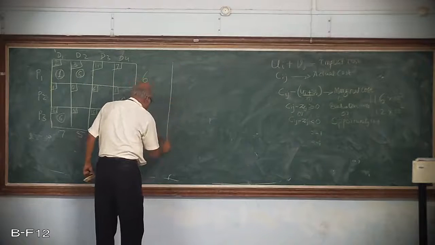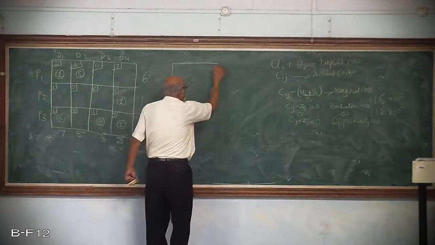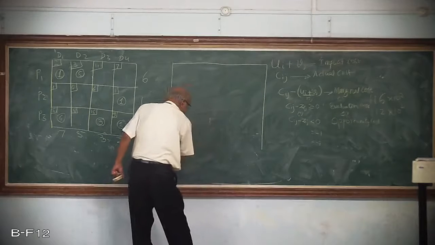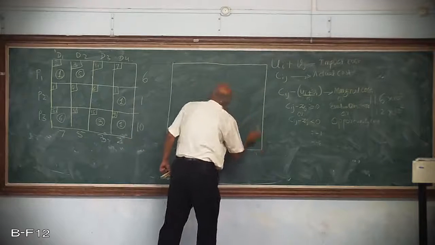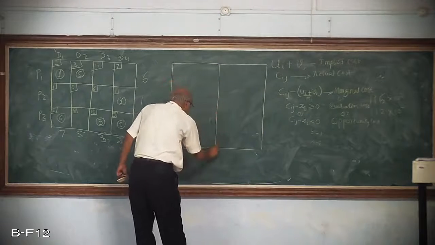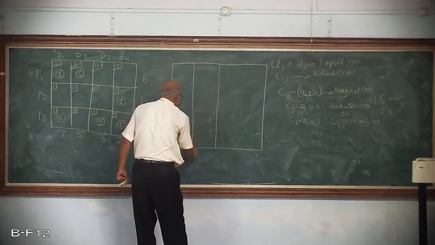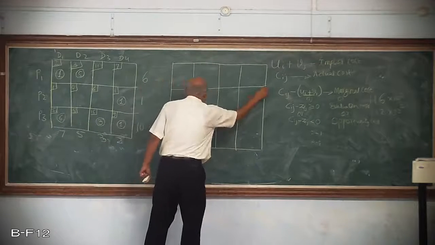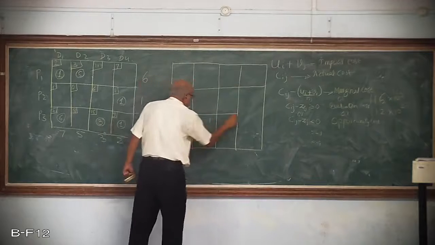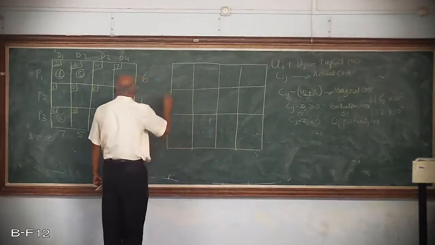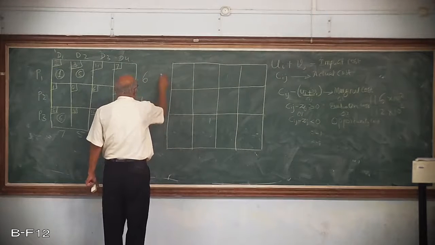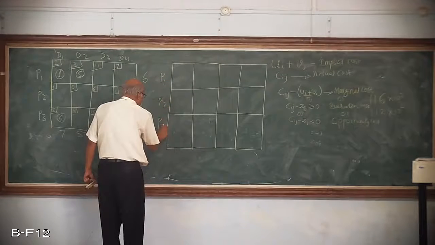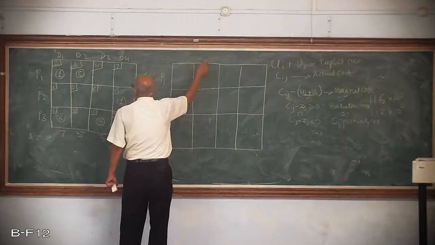I'll draw one more table wherein I am going to depict all the things. Instead of making several tables, this will be much easier for us. The same thing I'll reproduce over here: P1, P2, P3, D1, D2, D3.